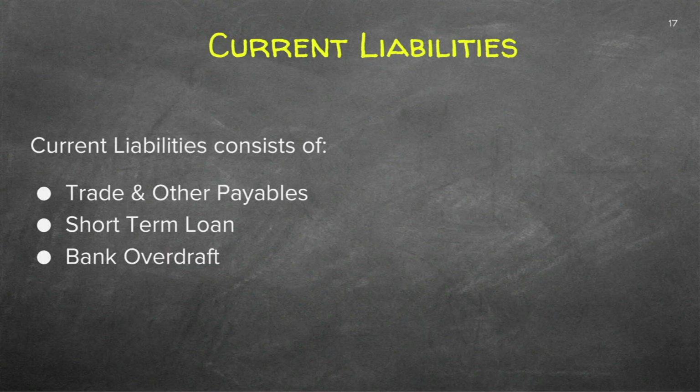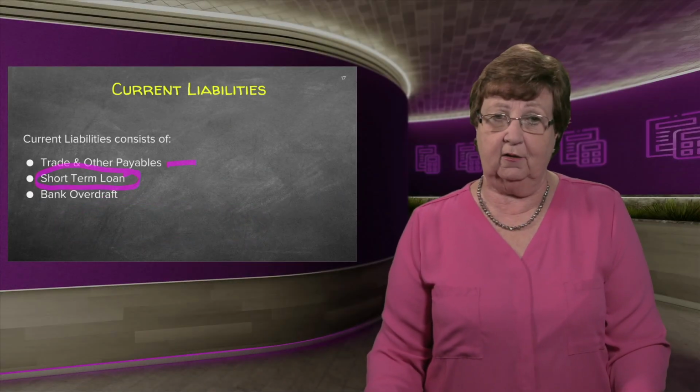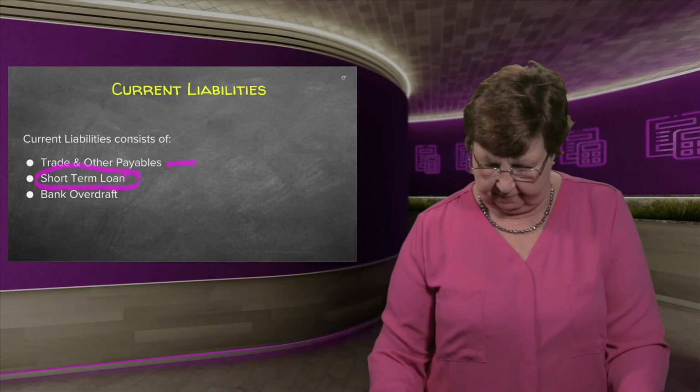Well, let's finally look at the current liabilities. So these are the liabilities which I'm going to have, which will change in the coming year. And again, grade 10 and 11 work, we have our trade and other payables, and here I've got my short-term loan, which is the conversion from the long-term loan or the non-current liability.